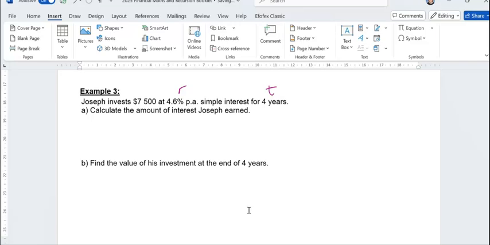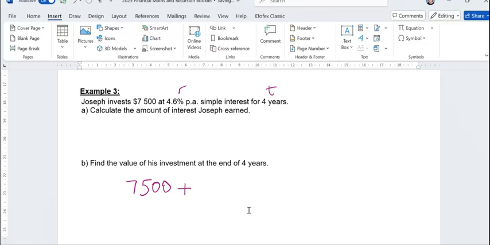You would basically need to just use your formula, calculate Joseph's interest, and then find the value of his investment after 4 years. So for that one, you will just add the 7,500 that he started with, plus whatever the interest was for part A, and you'll get a total investment there.